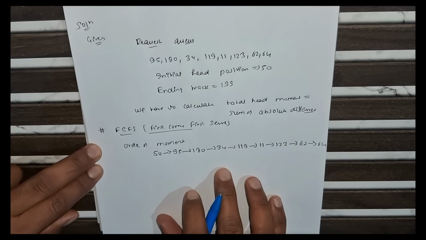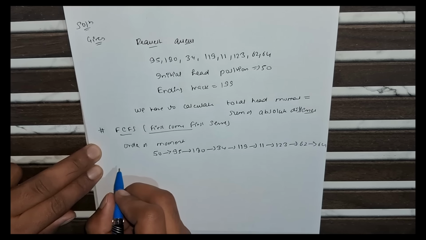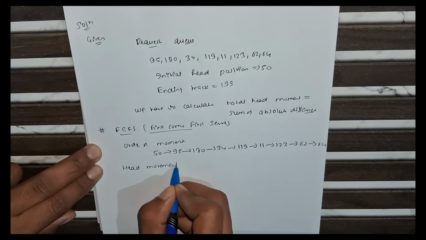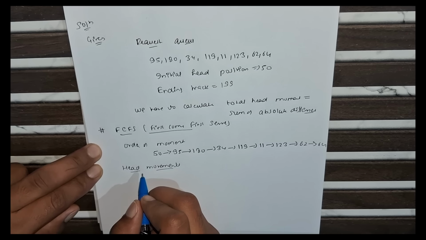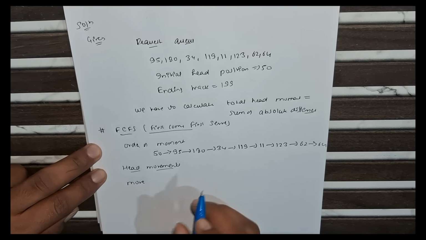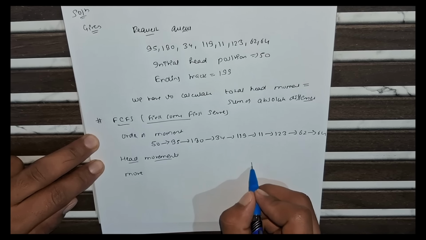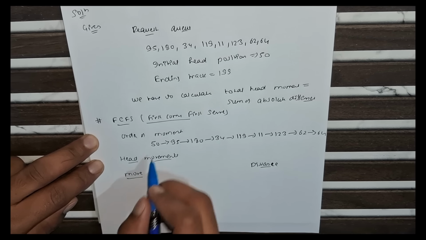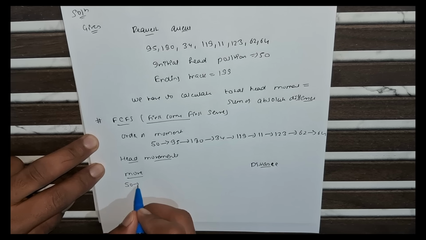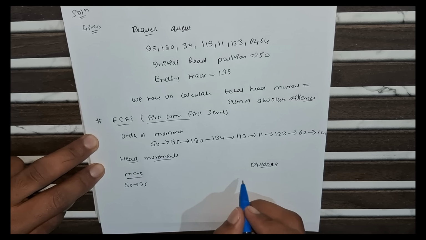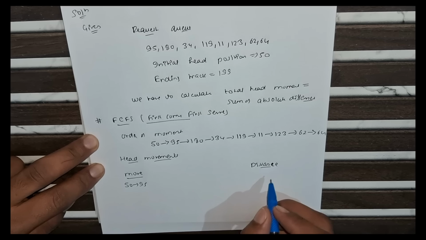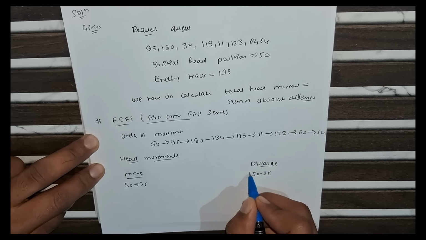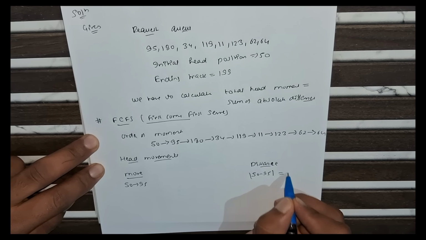Now we have to calculate the head movement. How can we calculate it? Here is the move and this is the distance. The first move is 50 to 95. What is the difference? 95 minus 50, which is equal to 45.